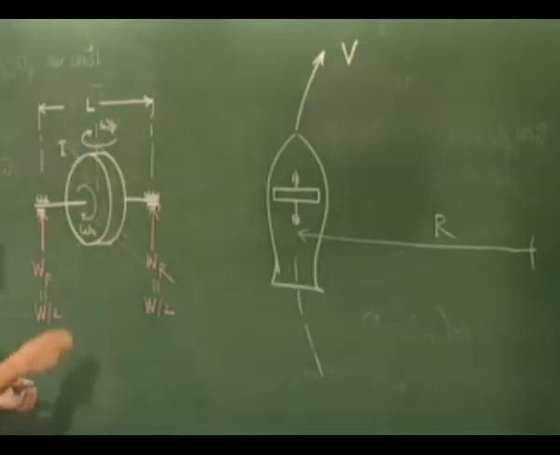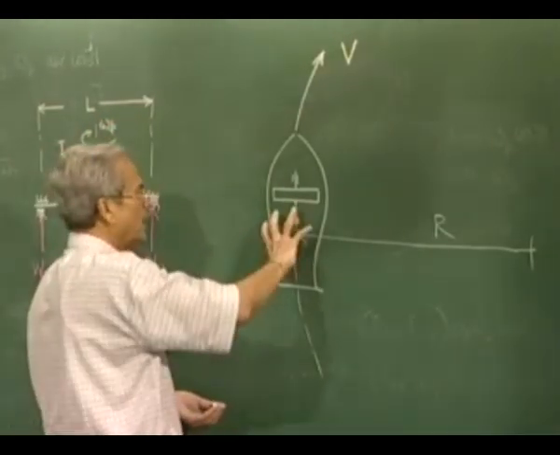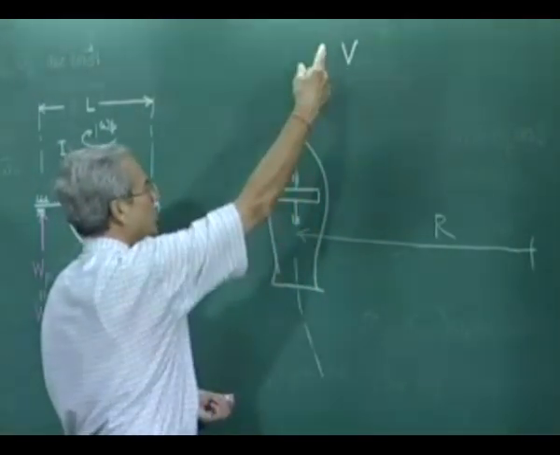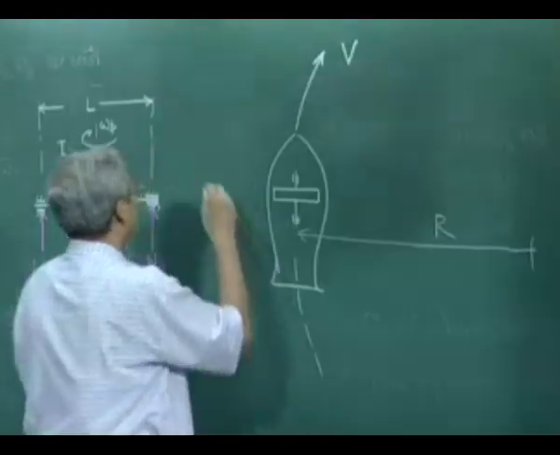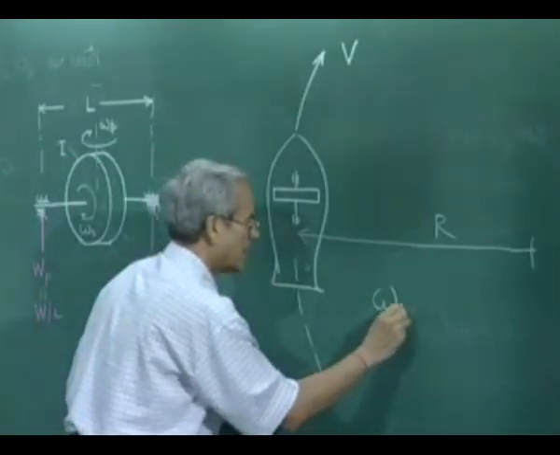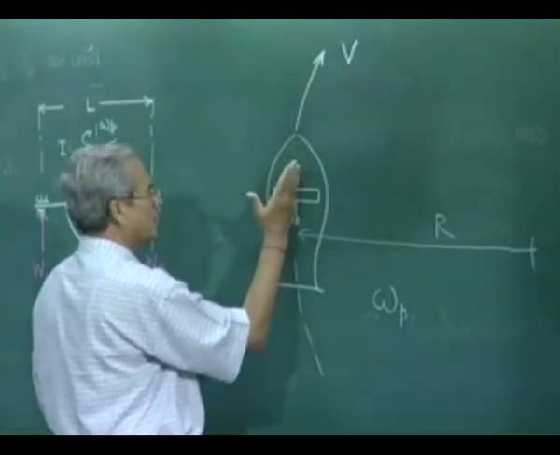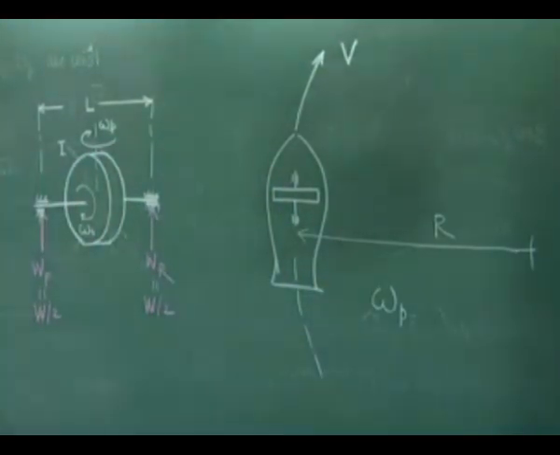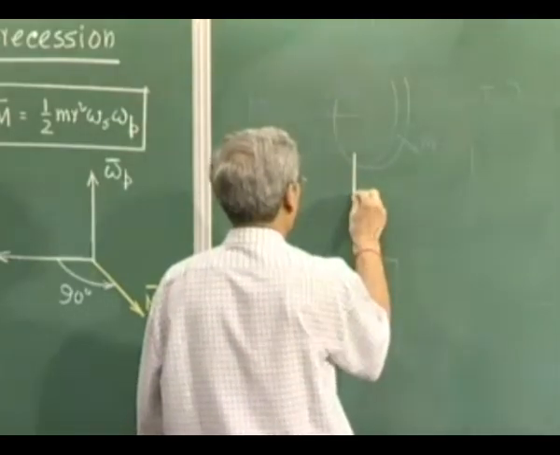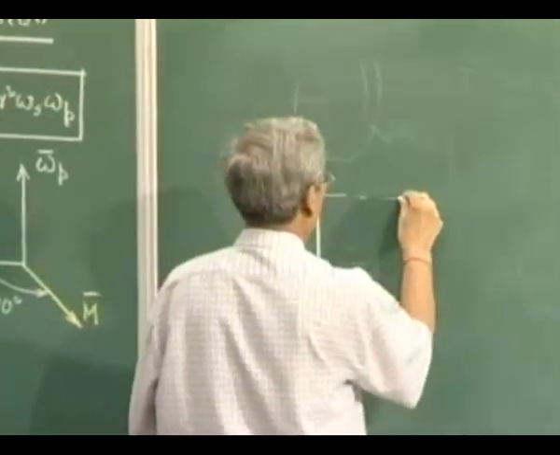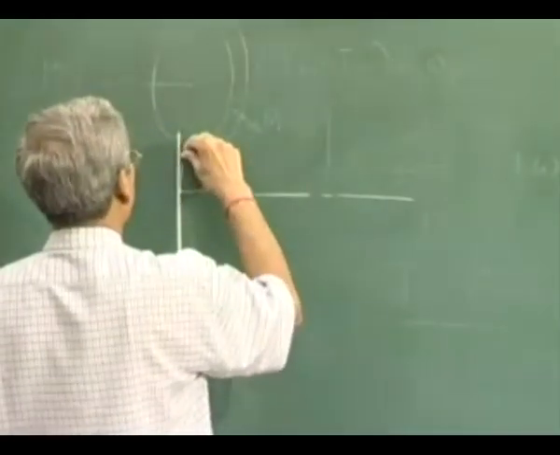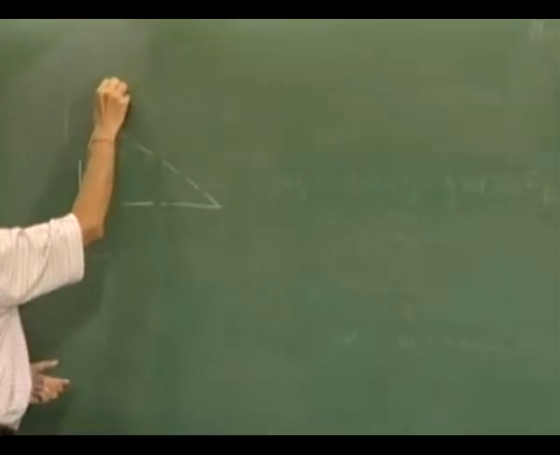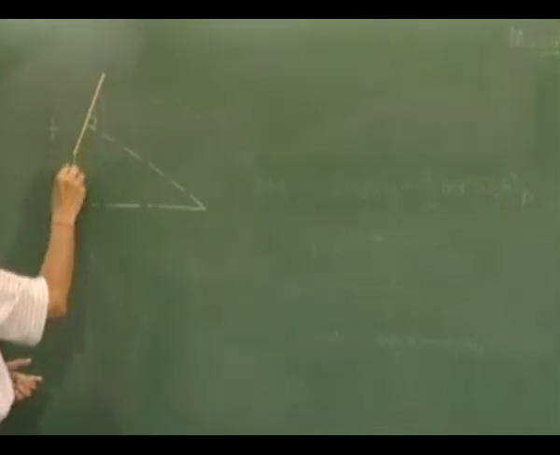Now how much will be the precessional angular velocity? That means what will be the rate at which it is rotating towards this? It will be the same thing as the speed at which it is traversing the distance divided by r. So omega p in this case, that means the amount of rotation of this, suppose if it is here, this is the axis of spin, and after some time delta t, the axis of rotation is this, because it has to be always at 90 degrees.